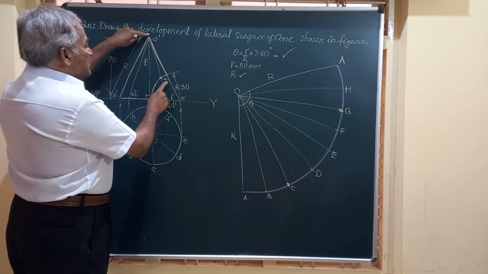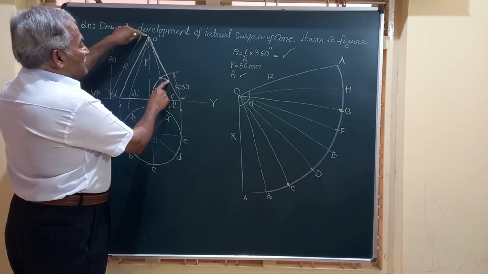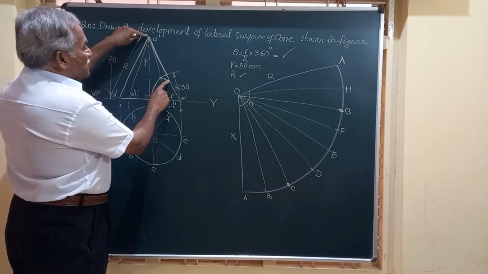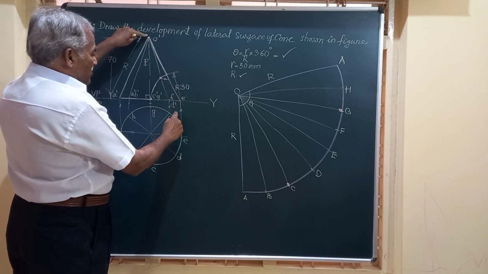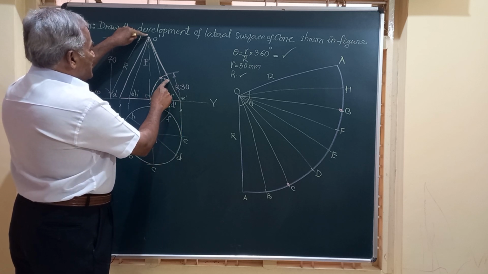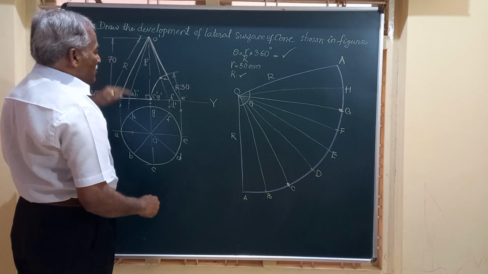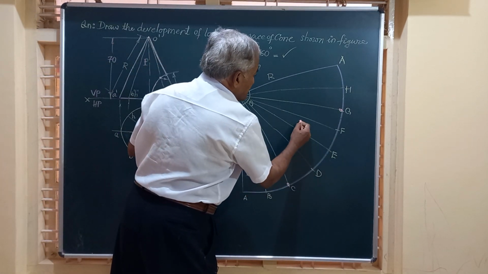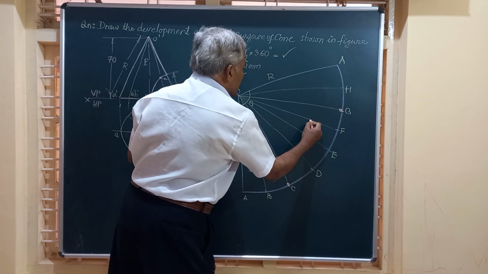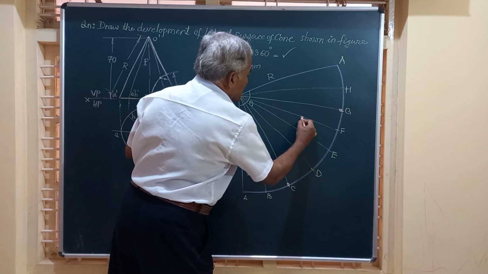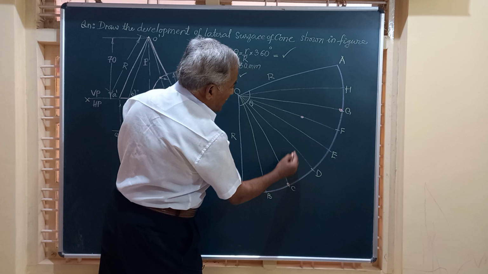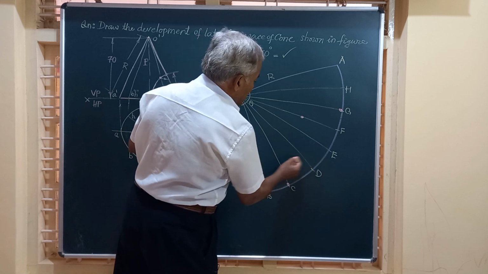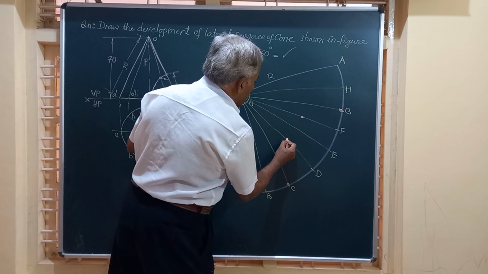So I will take this measurement from O on this OE and also OD and OF. This measurement I am going to mark on OD and OF. So I will mark the distance here on OD and the same distance on OF. So these are the 2 points you have got.